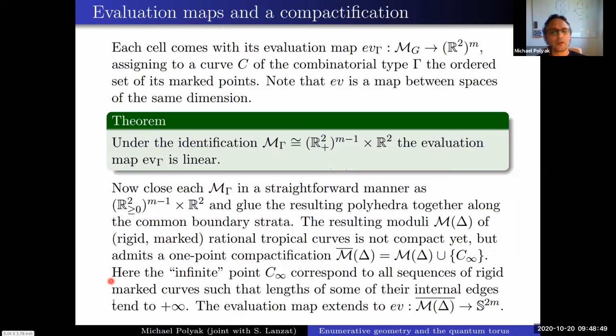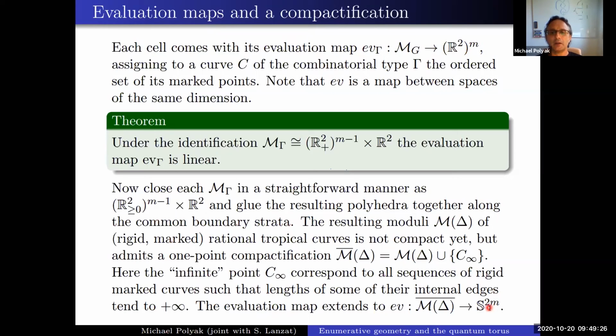and it turns out that everything is nice, and that the evaluation map now extends to the evaluation map from this compactified space to the sphere. So when some lengths become infinite, in the image you also get the infinity, and I think about this sphere as about the Euclidean space, this one, again compactified by 1 point at infinity.